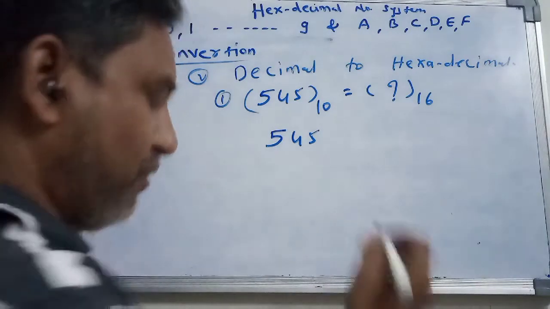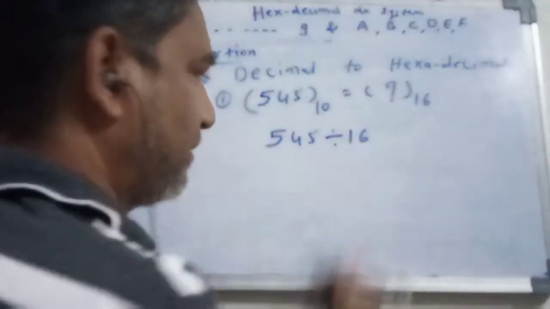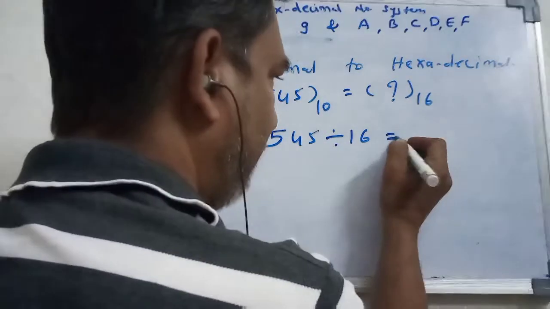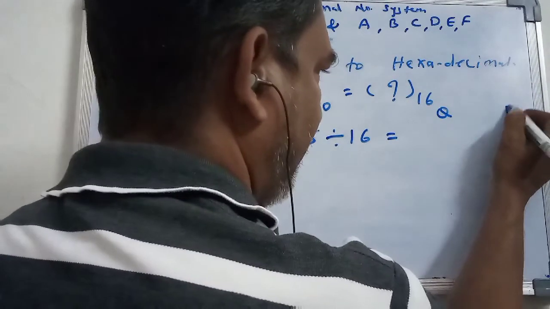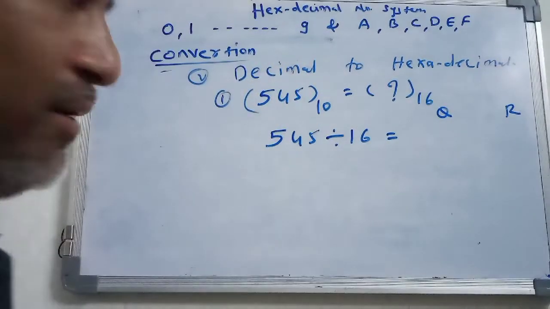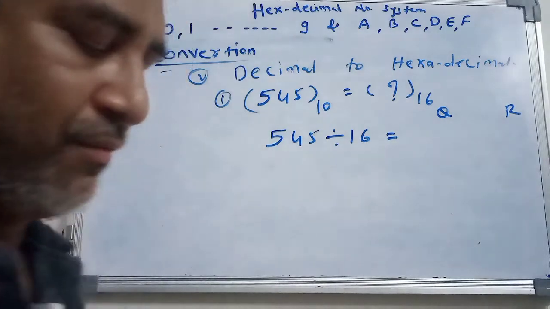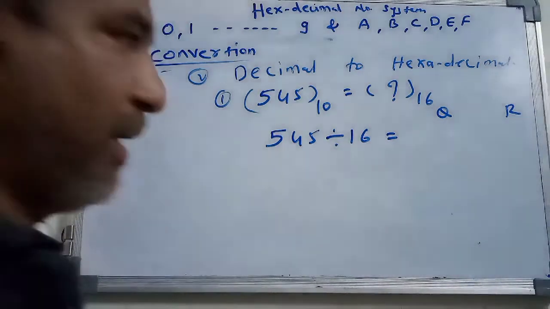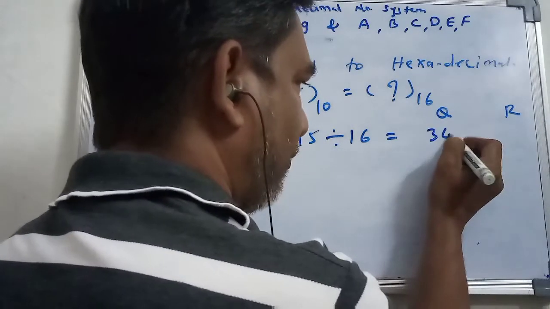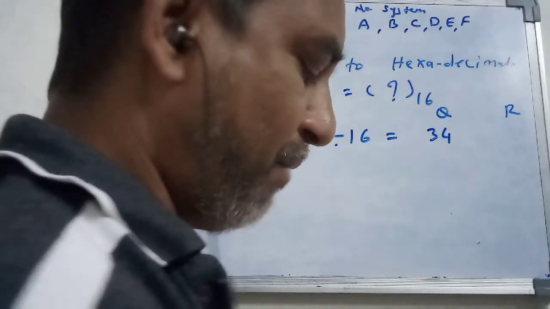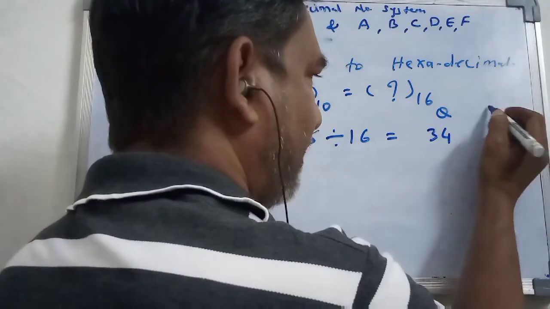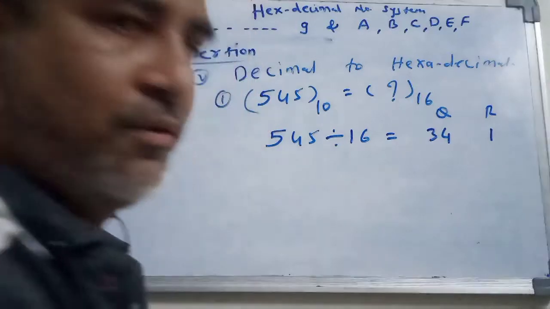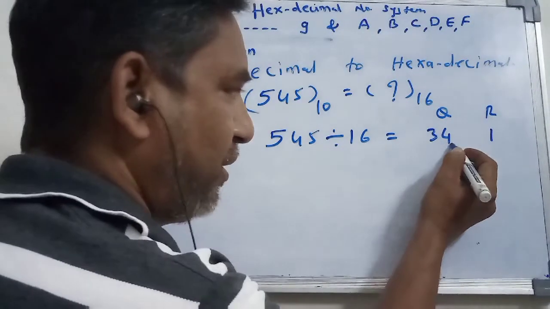545, you have to divide this number by 16. Here you will get the quotient, and here you will get the remainder. 545 divided by 16, you will get 34 as the quotient, and in the remainder you will get 1. Okay.